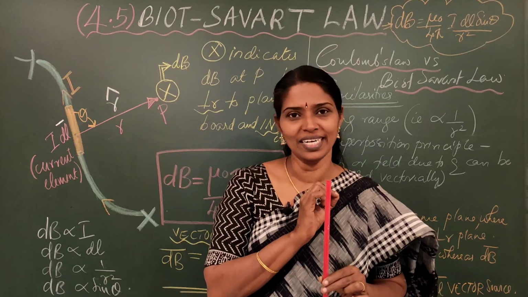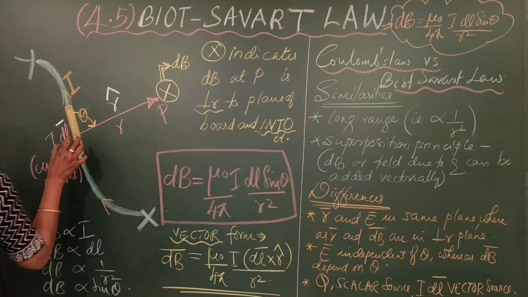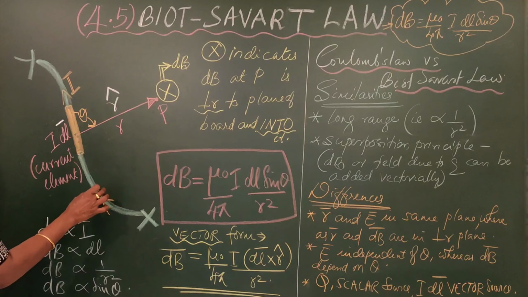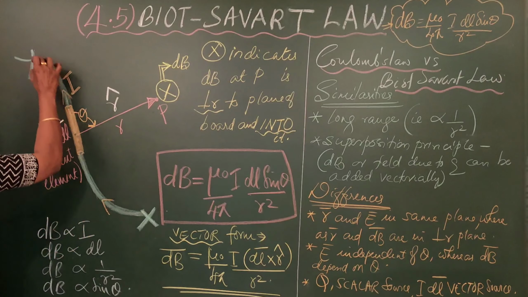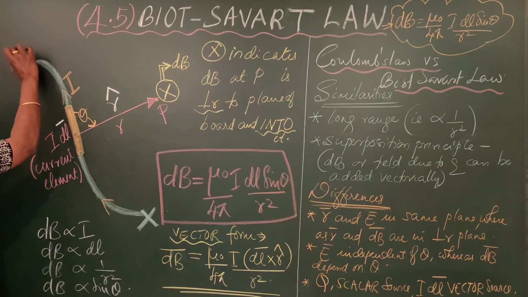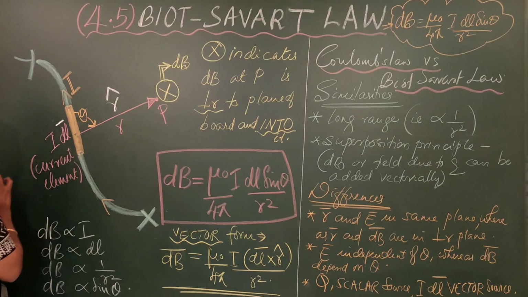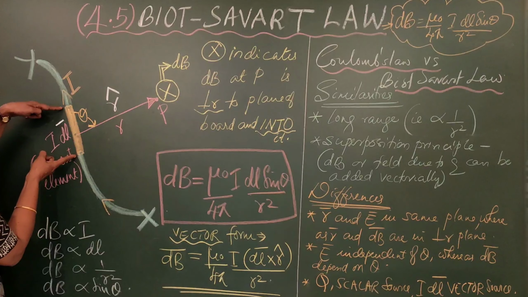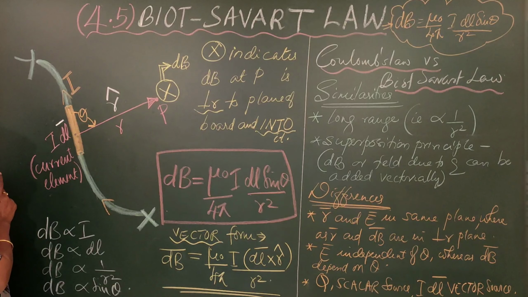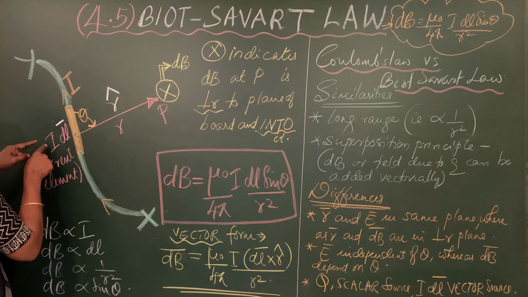Now, let us go to the detail. So, we have a current element of this portion XY. XY is a current carrying conductor. In the XY current carrying conductor, we take a small portion known as dl. This dl has a direction of the current.